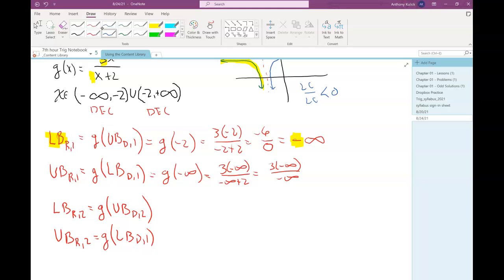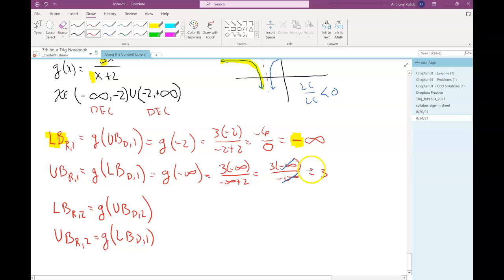Now 3 times negative infinity over negative infinity is just 3. If one of the infinities was positive instead of negative, can you still cancel them out? Yeah, they would still be fine. You'd end up with a negative sign also, but you can still do that same thing.